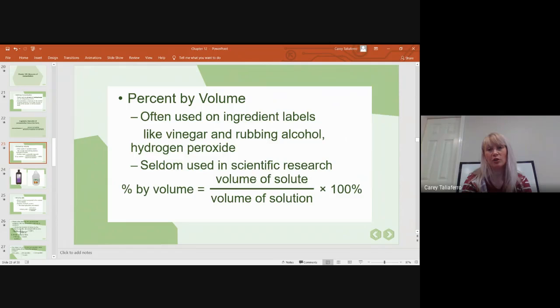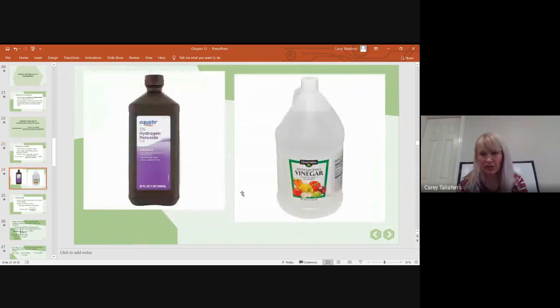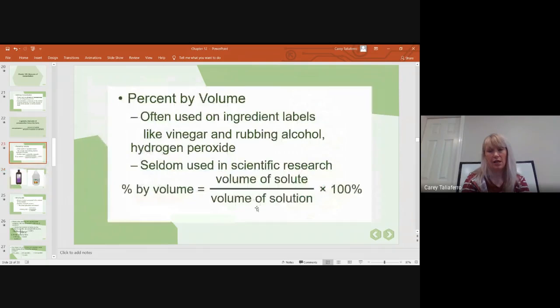So the volume of the solute, the volume of the vinegar, divided by the total volume, which in this case is 3.75 liters, so a gallon. 1 gallon or 3.75 liters would be the volume of solution. And then the volume of solute is very little because it's only 5%. Do you understand what I'm saying? So 95% of this whole solution is water, and then 5% is acid.